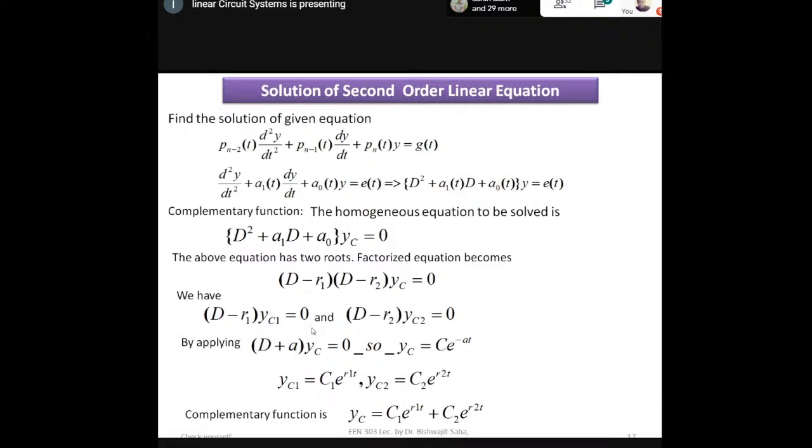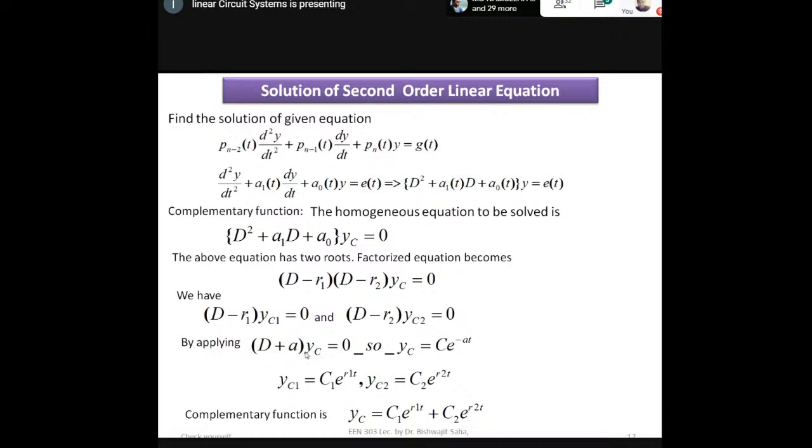After that, we have to find what YC1 and YC2 are. If we know the first order differential equation format, then we apply D plus a y equals 0.